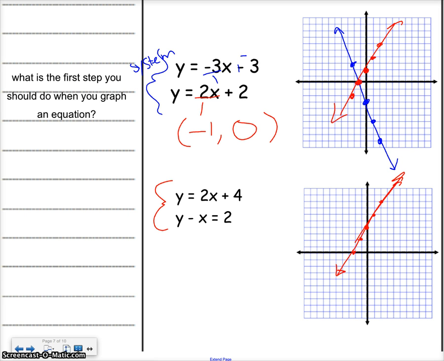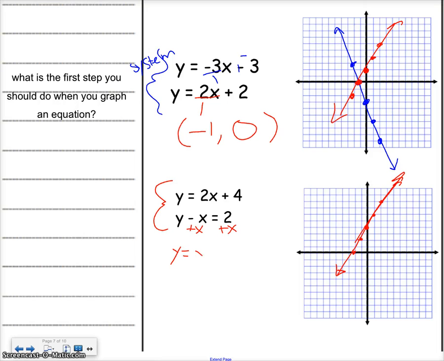Okay? And then my other one, can I graph this bottom one? Not yet. I can't graph this yet because y has to be by itself. So I need to get x to the other side before I graph it. Don't forget that. Some of you forgot that on the Unit 5 test. Y has to be alone.